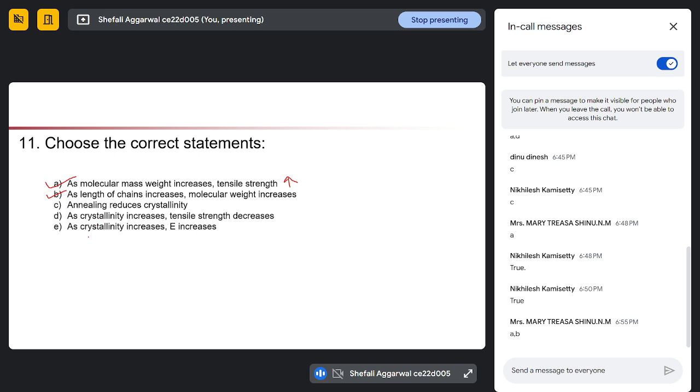So we talk about increase in crystallinity. If the crystal structure increases in your material, your modulus of elasticity will increase. So this option is also correct. And tensile strength will also increase, it won't decrease. So the answer is A, B, and E. Okay.